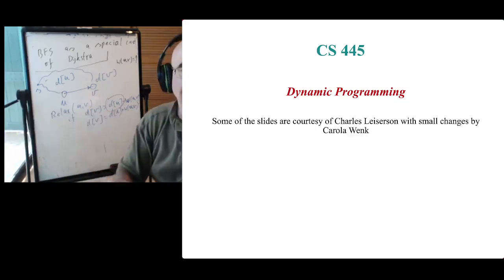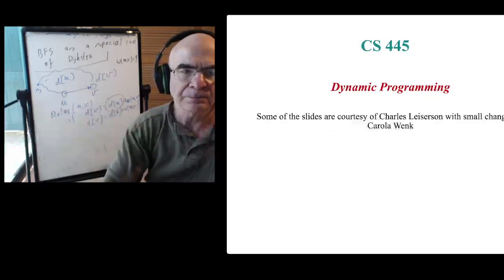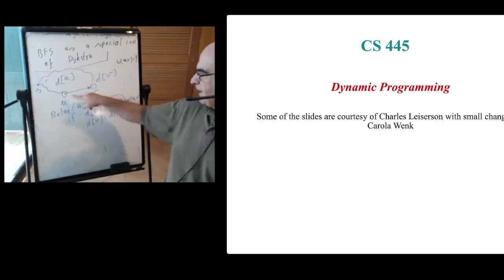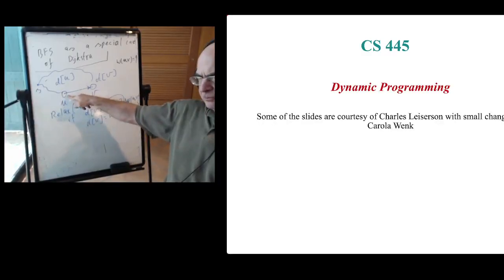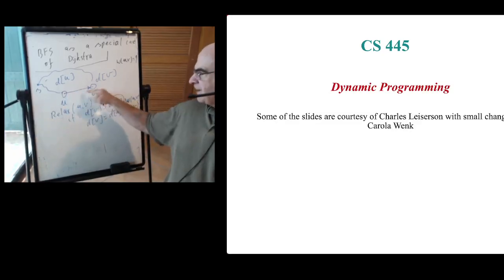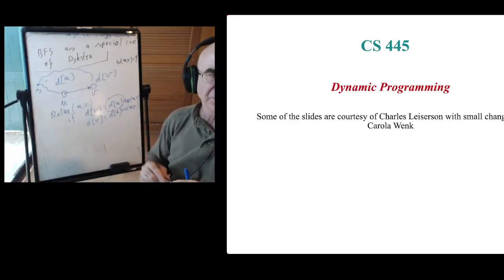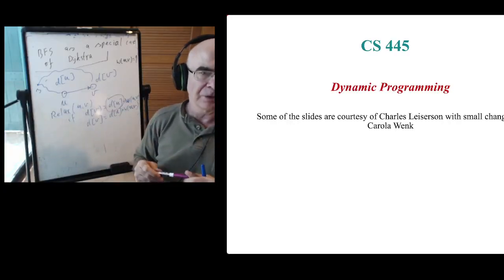That is, d of u will have to be already in its lowest value, that is, the true distance to u, and only then I'll perform the relax operation, and in this case, I can do it only once.